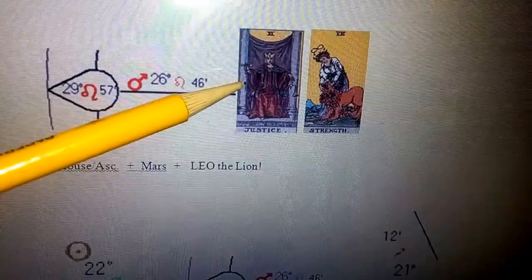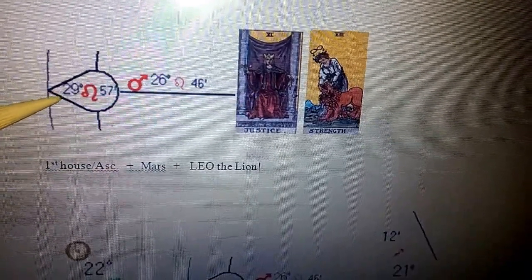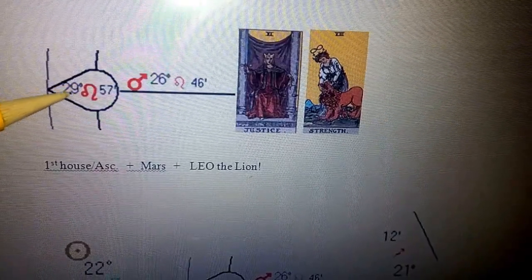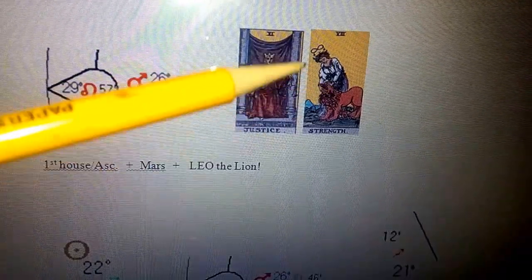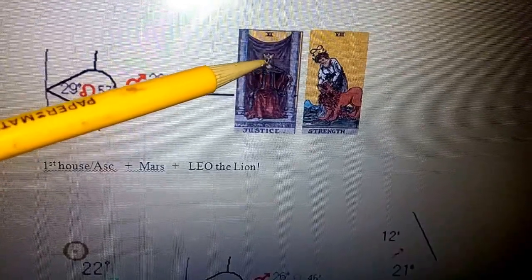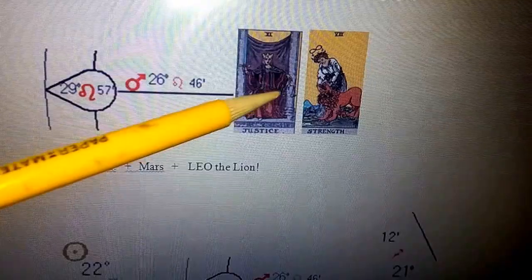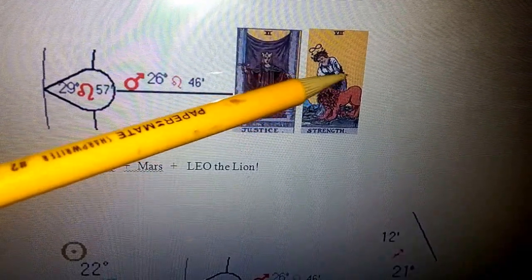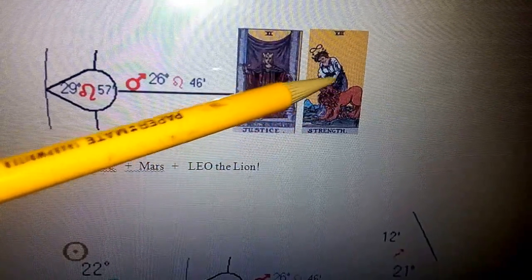The two cards that equate to 29, I want you to think, 2 plus 9 is 11. And the cards, if you read about them, the two cards associated with the 11 card are Justice and Strength, which is depicted, of course, by the lion.